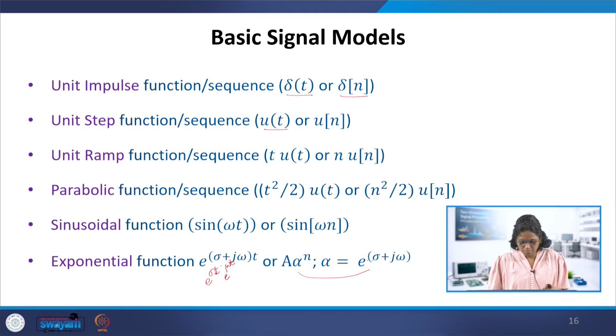So this way, the exponential function is another basic model. These are the 6 categories in which the basic signal models are defined, and we'll use these models to define the signal and develop its mathematical equation.